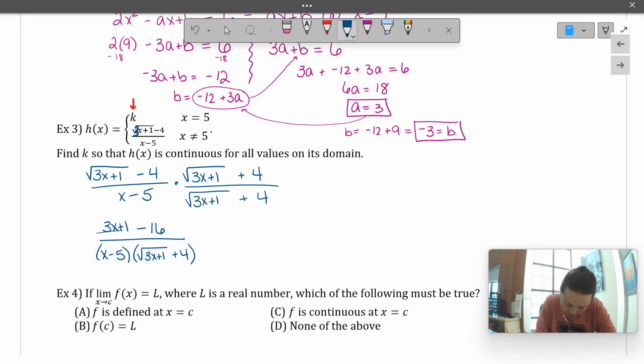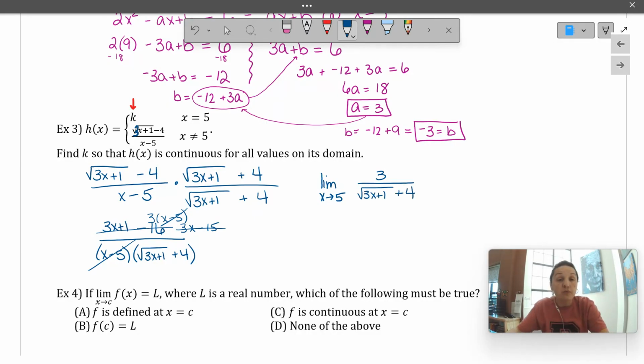And so then my numerator would be 3x minus 15, which is really 3 times x minus 5, which really means I need to figure out what happens as I get near, but not equal to 5, on the expression 3 over the square root of 3x plus 1, plus 4.